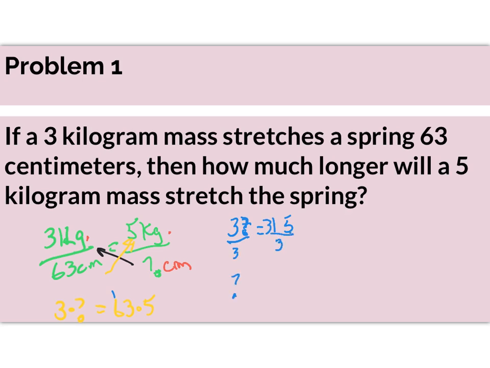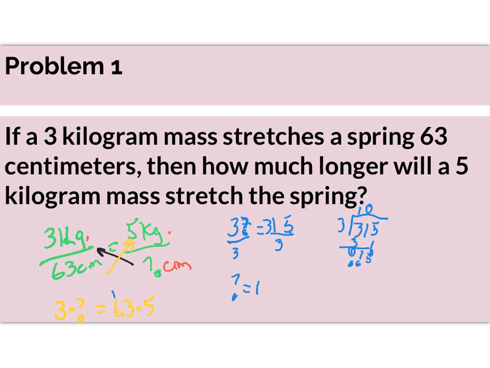So the question mark equals 3 goes into 31. 3 goes into 3 once. Let's do the math over here. 1 times 3 is 3. Subtract. 3 does not go into 1, so I'll put a 0 there.